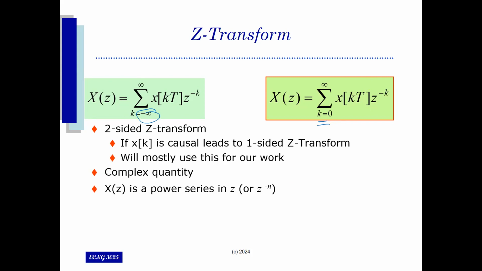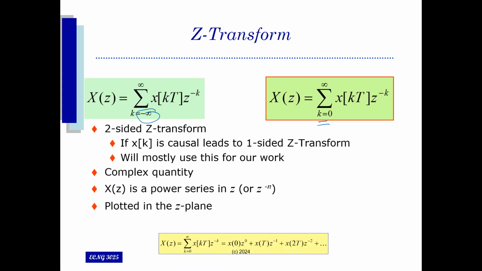So it is a complex number quantity, and it is a power series in this variable z, or z to the power minus m. And it is plotted in a space called the z plane, just like how you plotted the Laplace transform in a plane called the s plane.